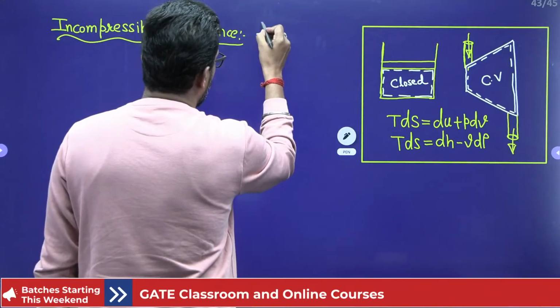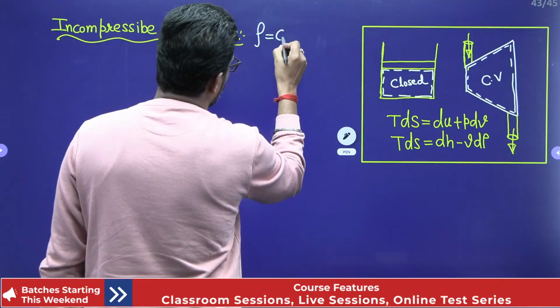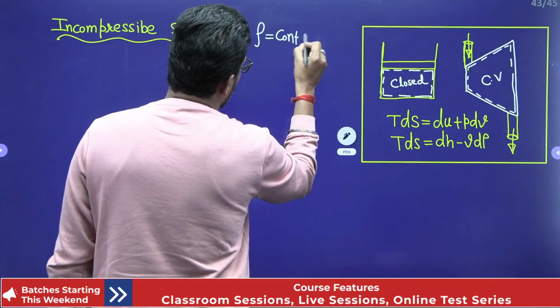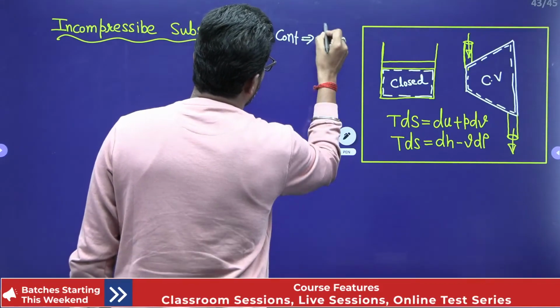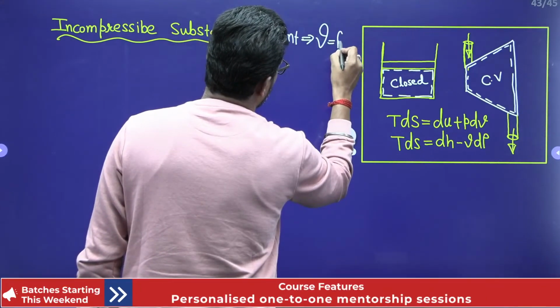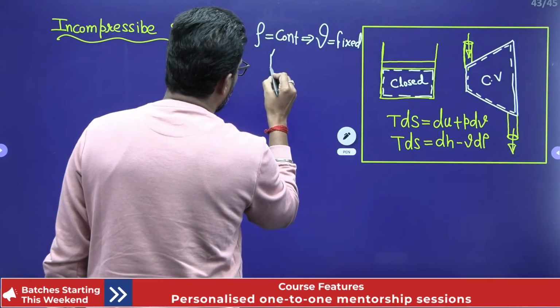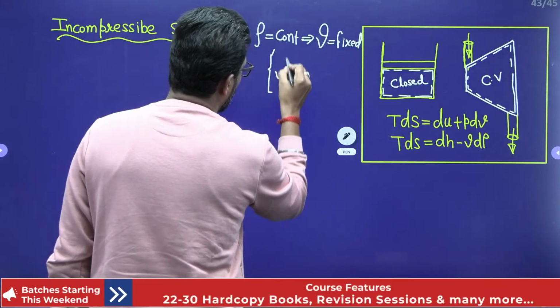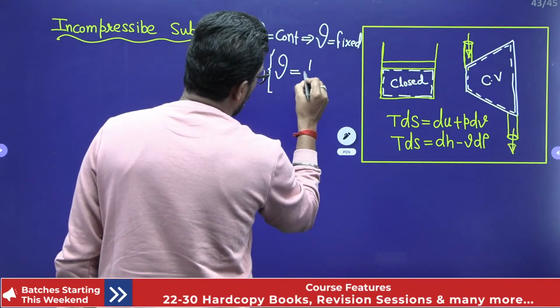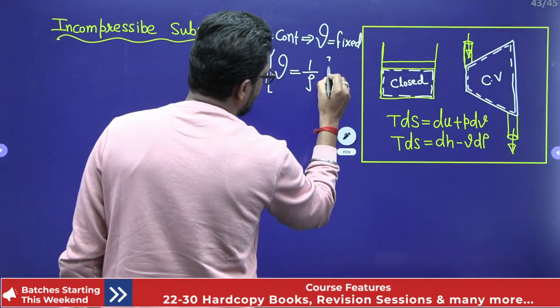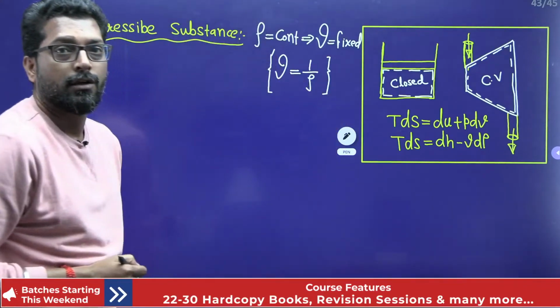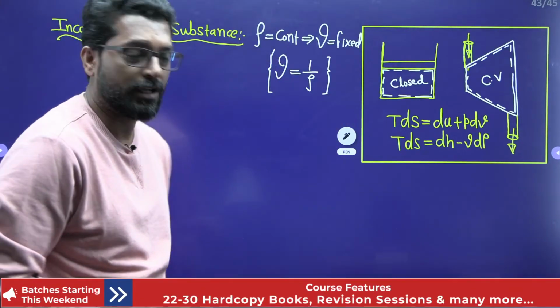That means the system has a fixed volume. If the density is constant, that means the specific volume is fixed. Why? Because we know that the specific volume of the system is equal to 1 by density. This is a very good relation. Always remember it like that.